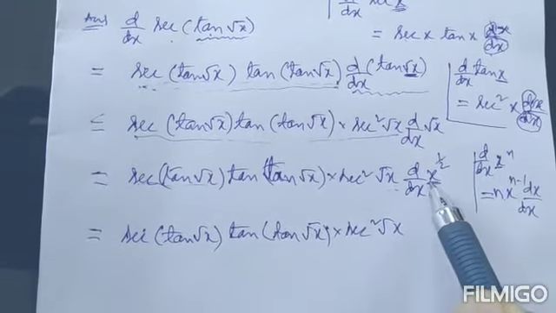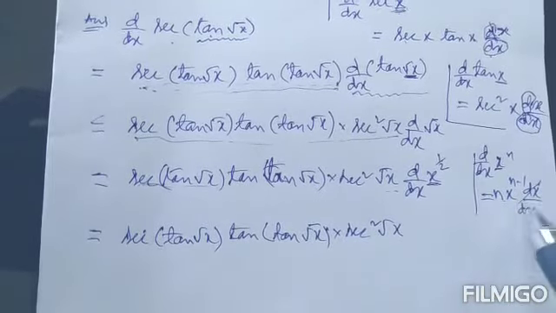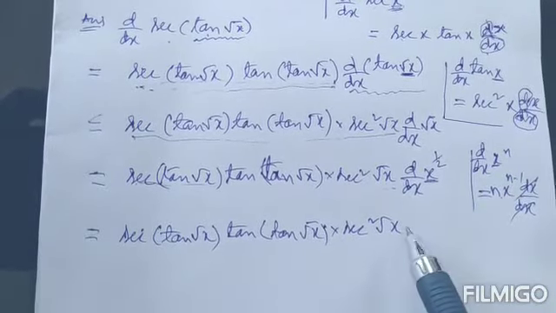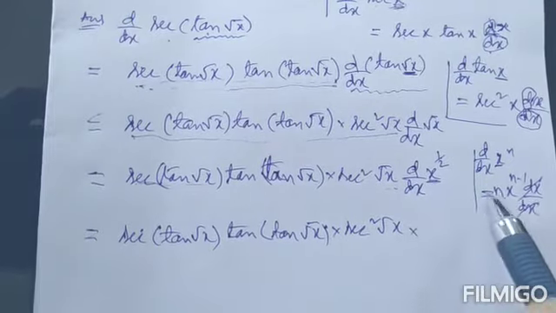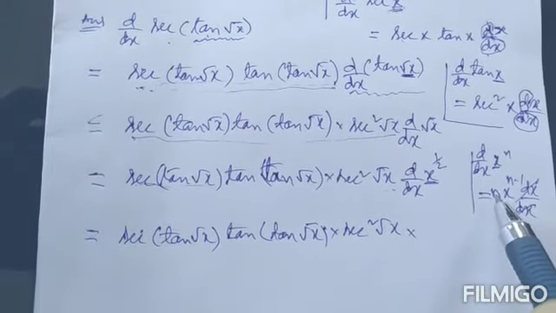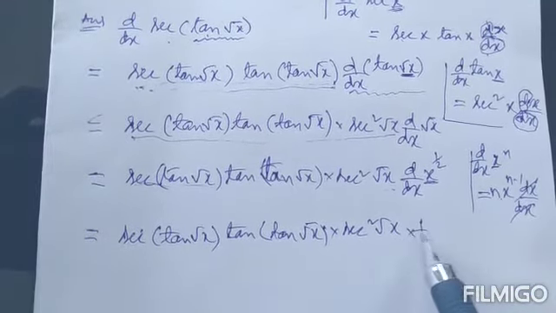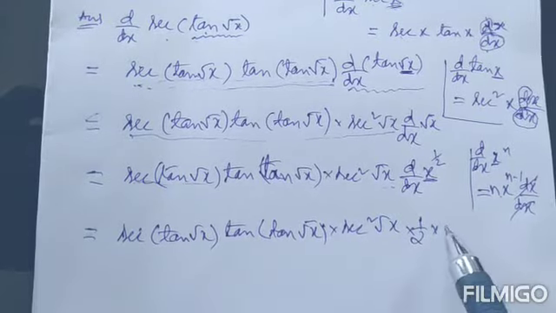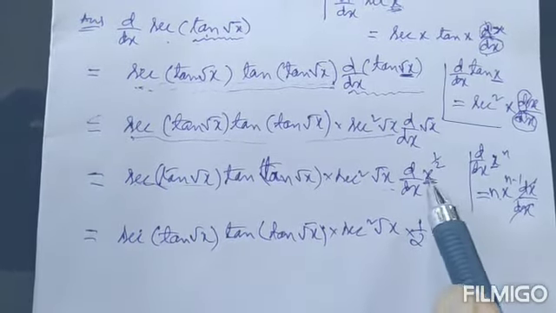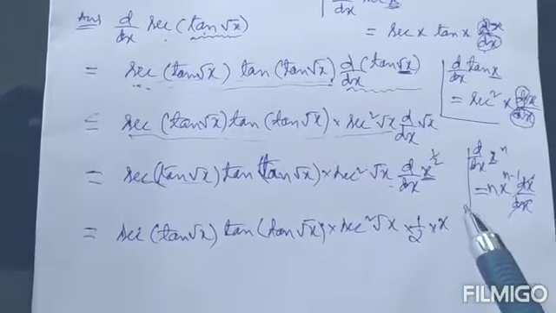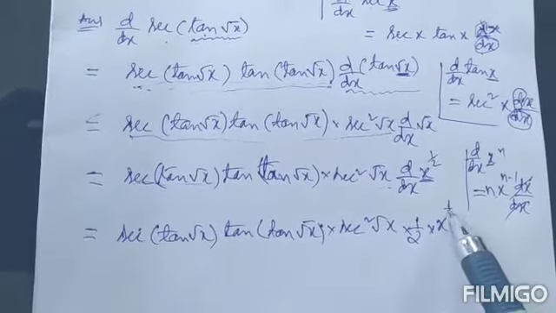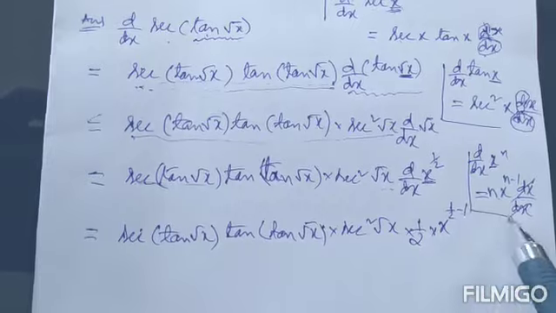My x in this case is x itself, so dx by dx will again cancel. So the formula will say here that I'll have first n, that means 1 by 2, and then x power n minus 1, x is x itself, n minus 1, 1 by 2 minus 1.